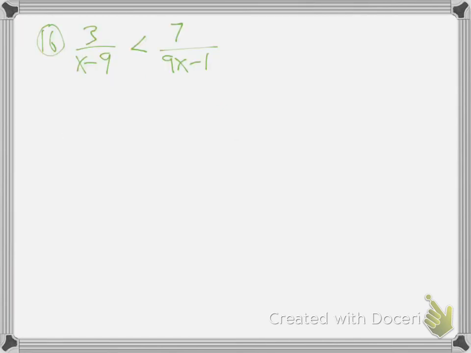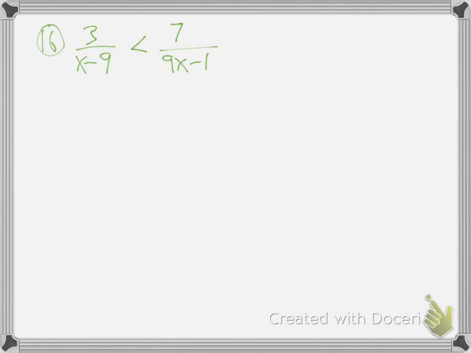Okay, so what do we got to do? Get a 0 on one side, bring that fraction over, get a common denominator, and make them into one fraction. It's a review of all that stuff from algebra. One of the hardest things from algebra is common denominators, adding and subtracting fractions.